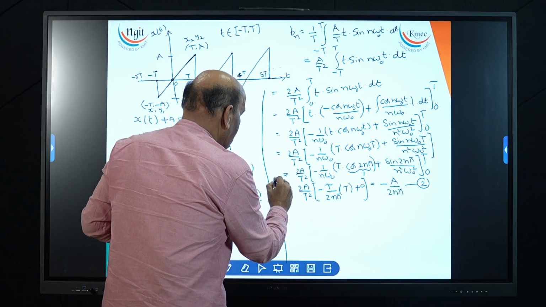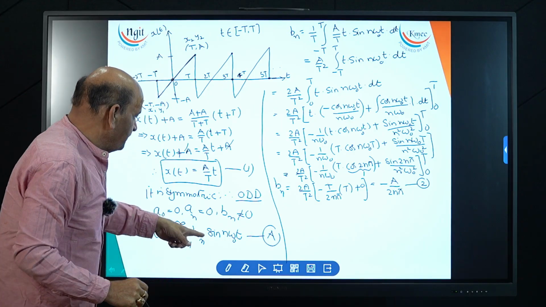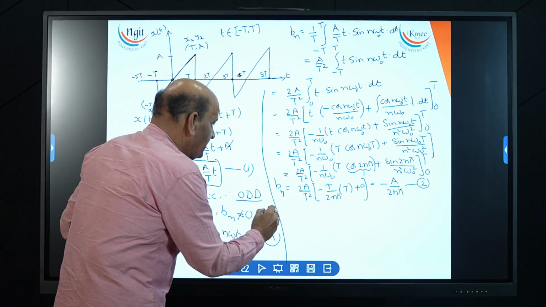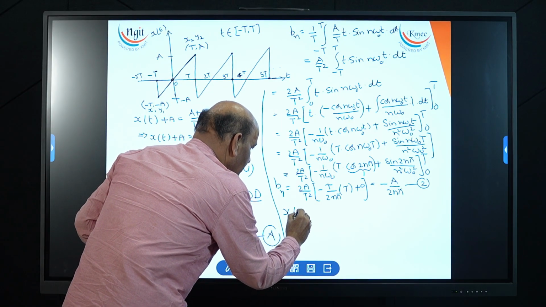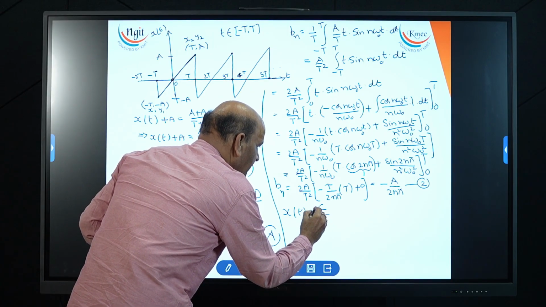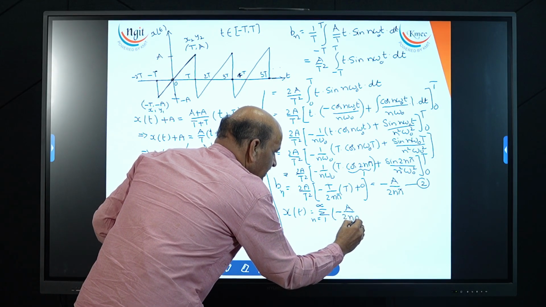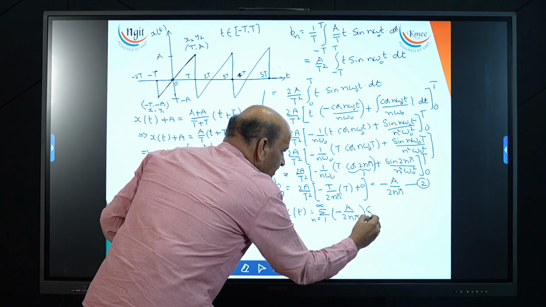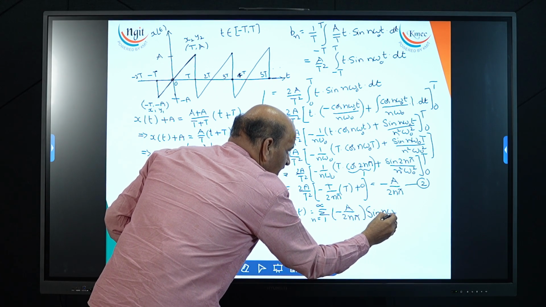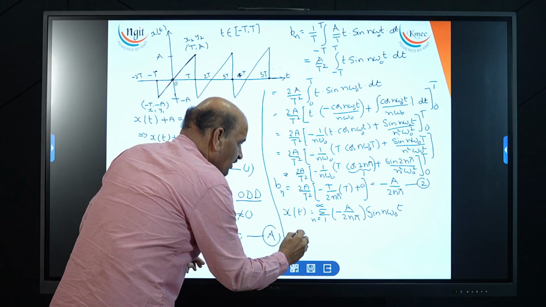So what value did we get? Bn. Therefore, substituting this value in the main equation, x of t equals summation n equal to 1 to infinity, its value minus a by 2n pi into sine n omega naught t. The summation is for n, remaining all are constants.